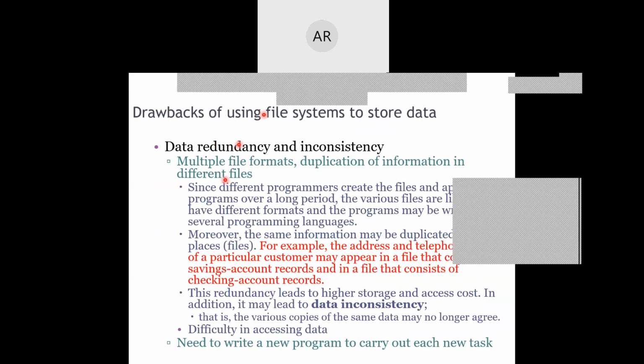For example, when I say file system, it means either the handwritten file or a computer related file. If the file is maintained either through handwritten notes or through the computer environment, in both cases the problem that exists first and foremost is data redundancy and inconsistency. Data redundancy means when we work with different data sets, the data will be split into multiple files for convenience.